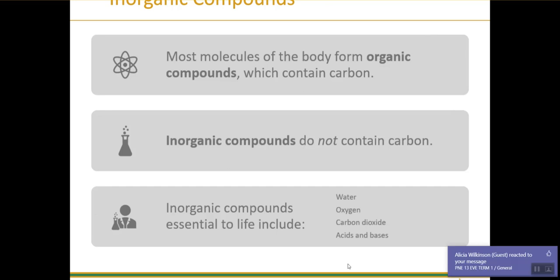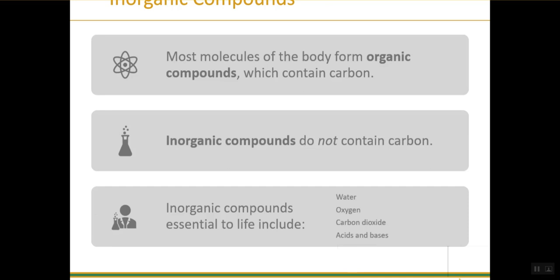It's on page 25 in your book. It talks about compounds of life. Okay, so you have inorganic compounds. Inorganic compounds are essential to life. Examples are water, oxygen, and carbon dioxide.